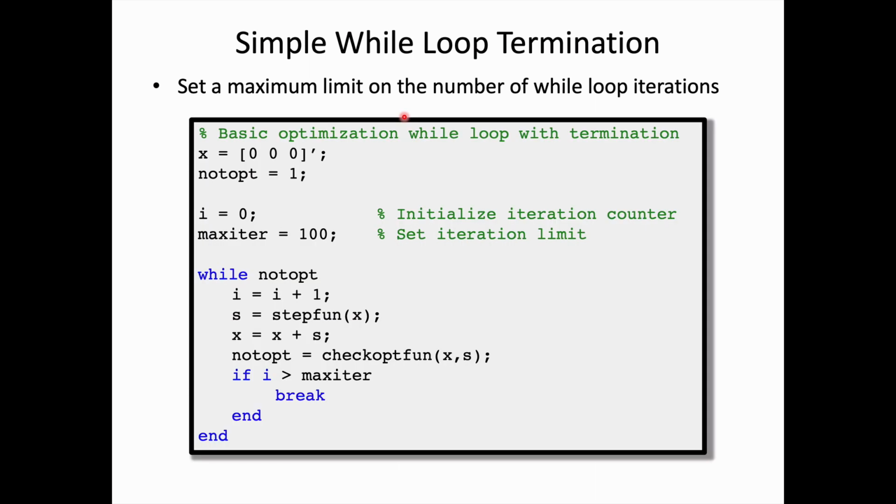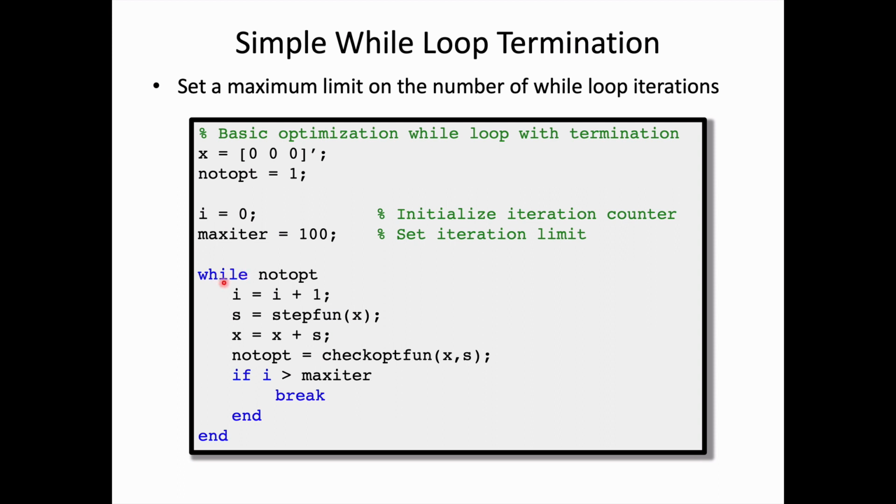So here's an expansion of the code that we just had. In addition to initializing the starting point and this not opt flag, I'm also including an index, a counter that tells us what iteration we are on. And then I'm setting a limit on the maximum number of iterations allowed for the while loop.